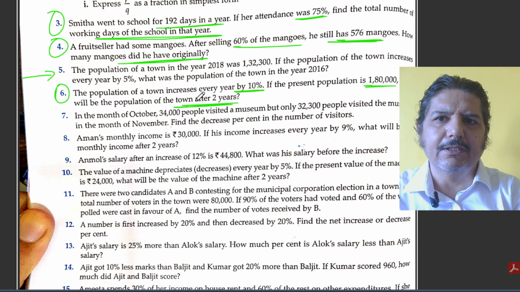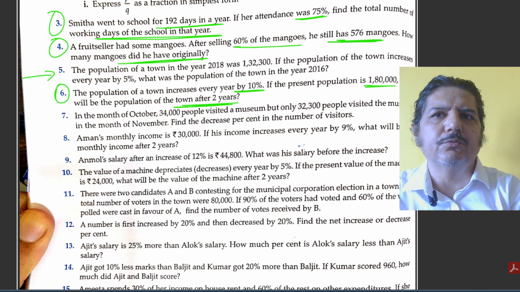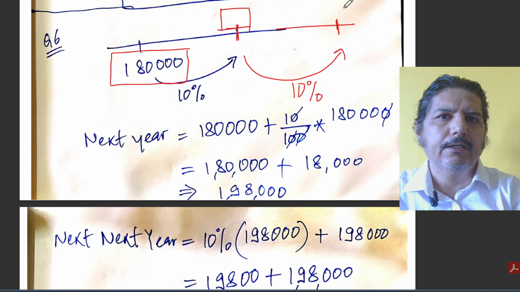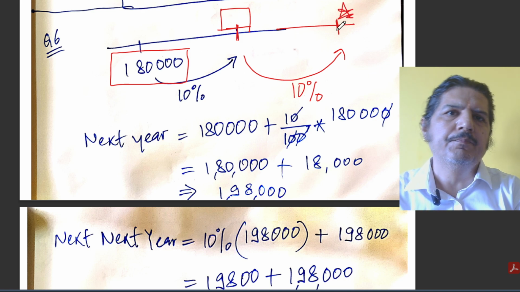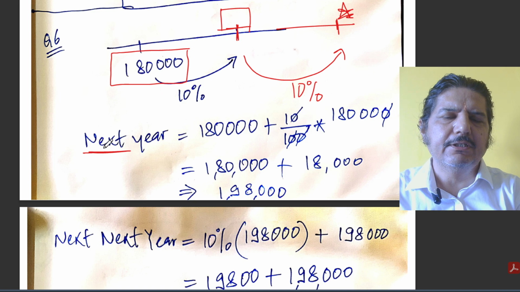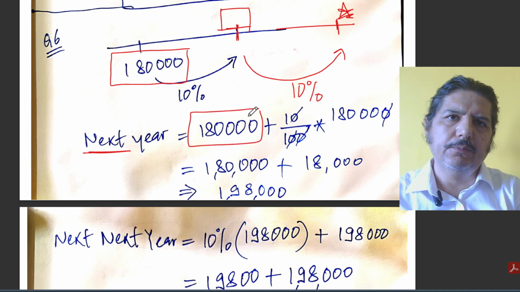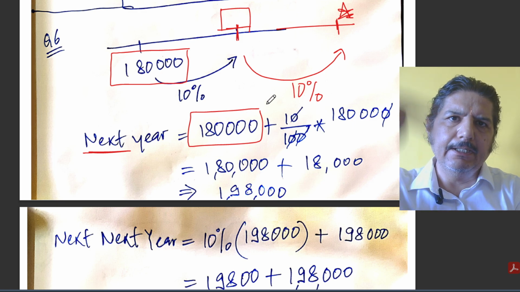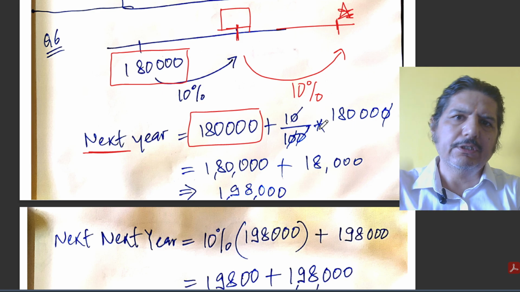And what are they asking? They are asking for the population of the town after 2 years. So basically they are asking for this value. But we'll go step by step. First we'll calculate the population in the next year. How do we calculate that? See, 1,80,000 is the population of the current year. Then in the next year, it is 10% more than 1,80,000.